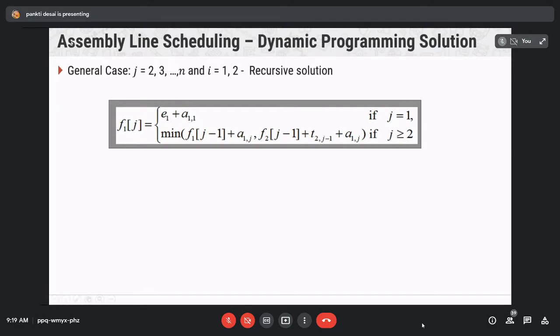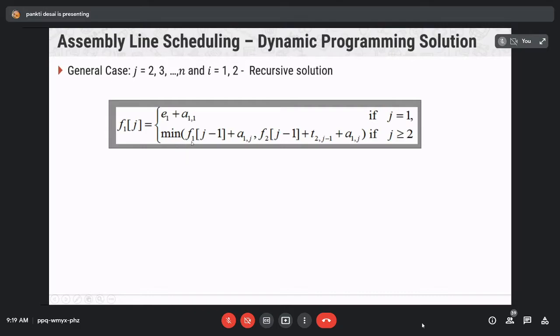So F1j is equal to E1 plus A11 if the value of j is equal to 1, which we already covered. But if the value of j is greater than or equal to 2, then how do we find the time required to reach that particular station?